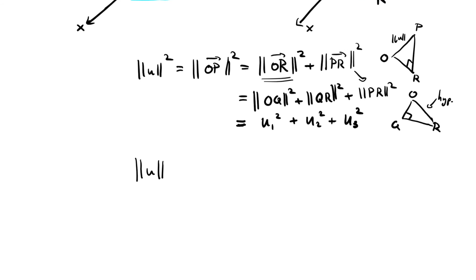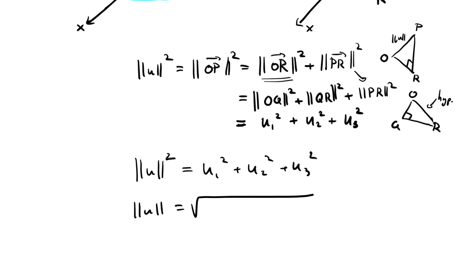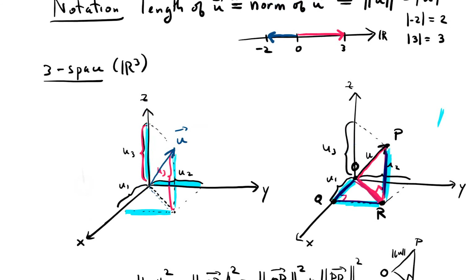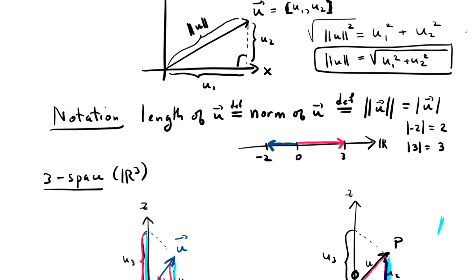And we've got a beautiful formula. So in 3 space, norm of U squared is just U1 squared plus U2 squared plus U3 squared, and if we square root everything, the norm of U is just the square root of U1 squared plus U2 squared plus U3 squared. And look how nice it looks if we compare it to the formula in 2 space. In 2 space, we just don't have the term U3 squared, but you see how this goes.